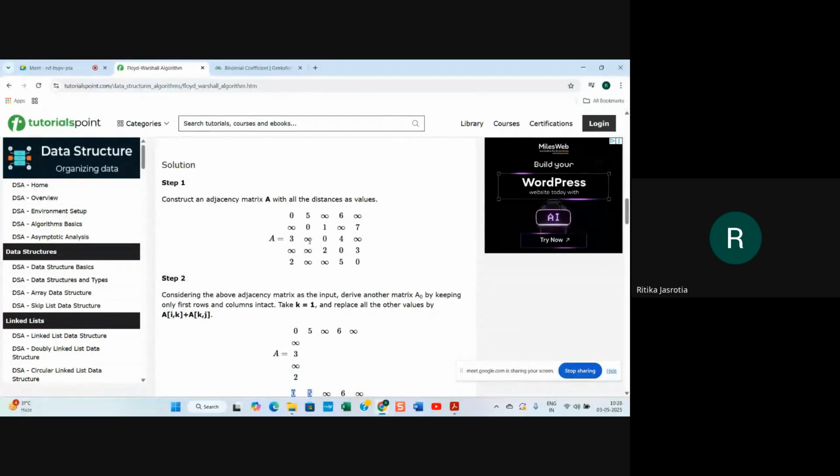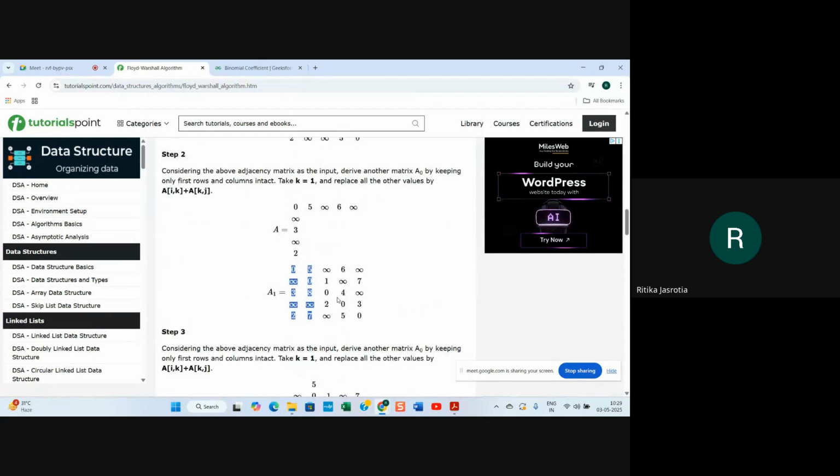Here it should be infinity, here it should be 1. The next one is this one, 2, 3. So that means 2, 1 plus 1, 3. 2, 1 is infinity and 1, 3 is infinity. Infinity plus infinity, it should be infinity here.